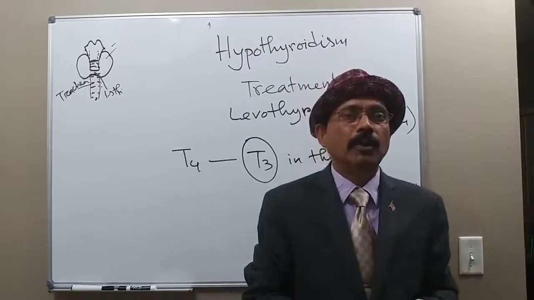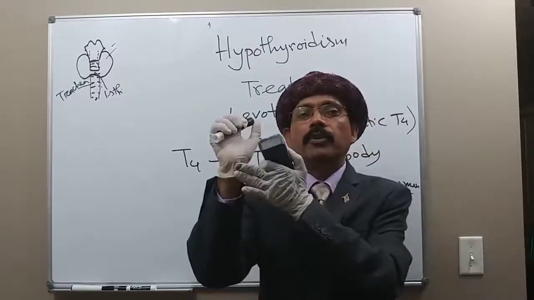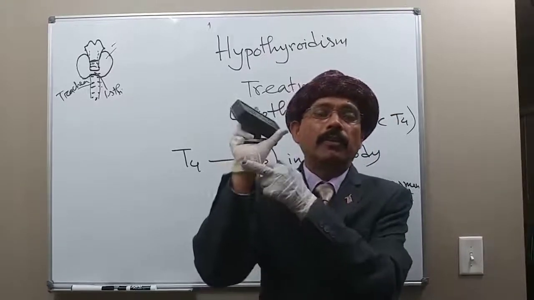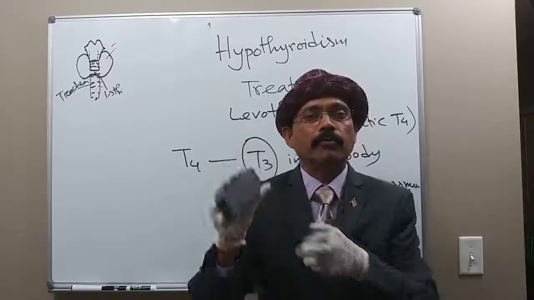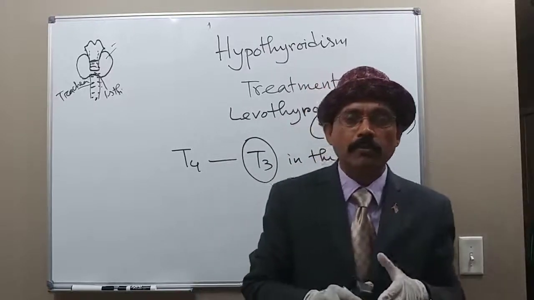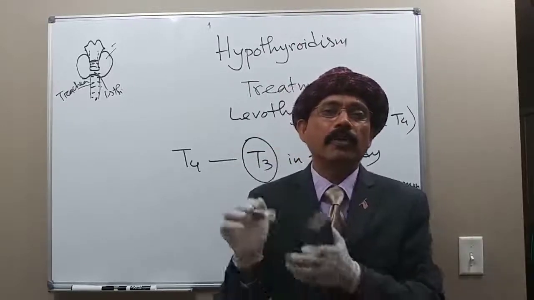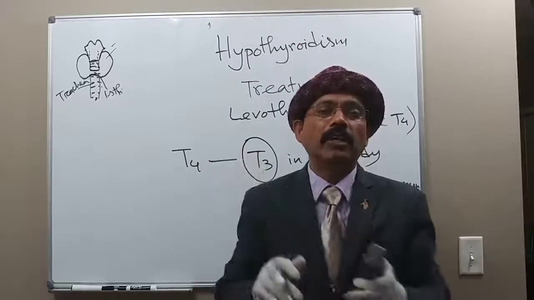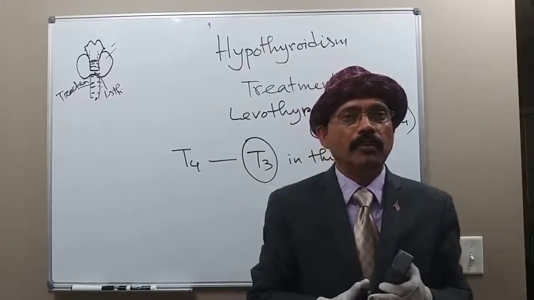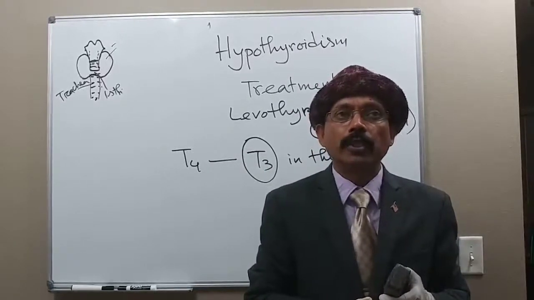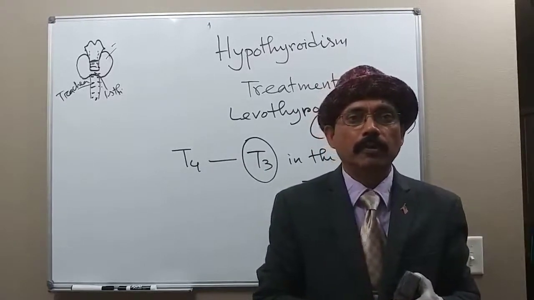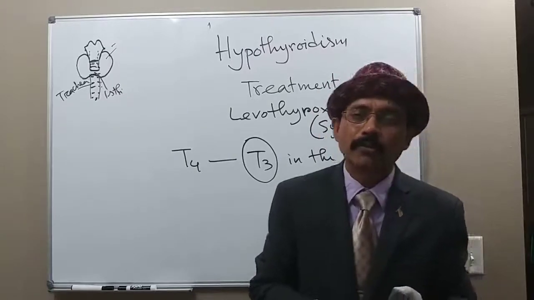We may also have carpal tunnel syndrome because under the flexor retinaculum we may have a collection of chondroitin, hyaluronic acid, protein rich fluid that may compress the median nerve, that may lead to carpal tunnel syndrome in some individuals with hypothyroidism. So that's all for today.